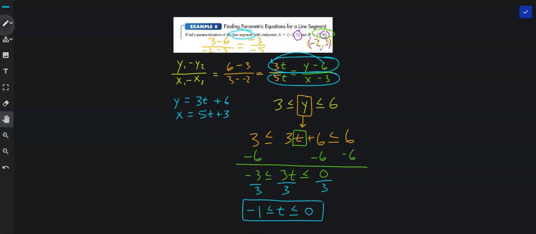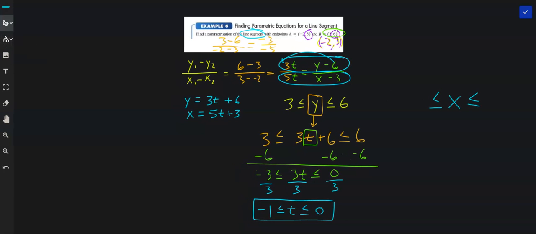Suppose I had chosen the x's. What would I have selected for the values on either side? Negative 2 and 3, thank you very much. You went right back up there and you chose the x values that you see in the coordinates. Negative 2 for the x and 3 for the x.